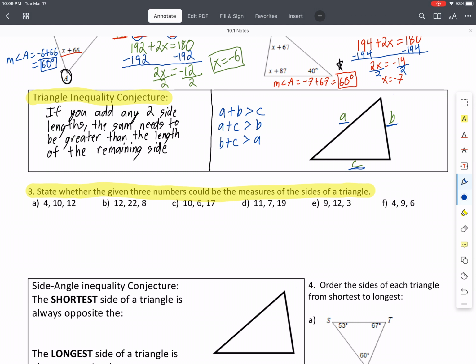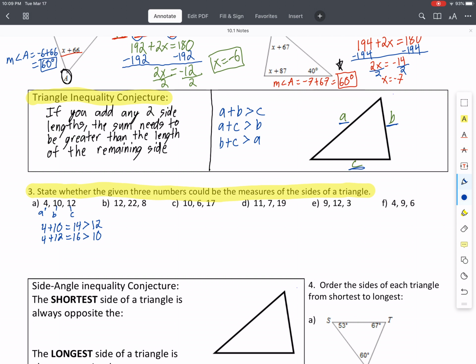Let's check these. So if we call 4 A, 10 B, and 12 C. If we take 4 plus 10, that's equal to 14, and that's greater than 12. So that works. If we take 4 plus 12, that's equal to 16, and that's greater than 10.